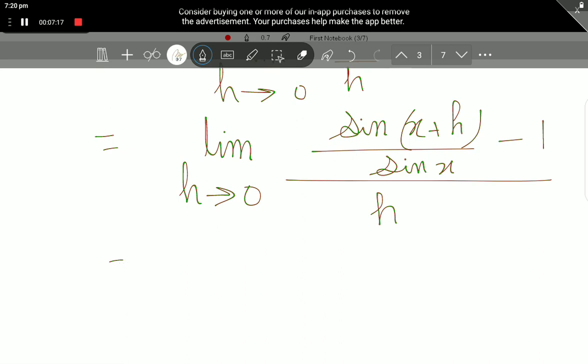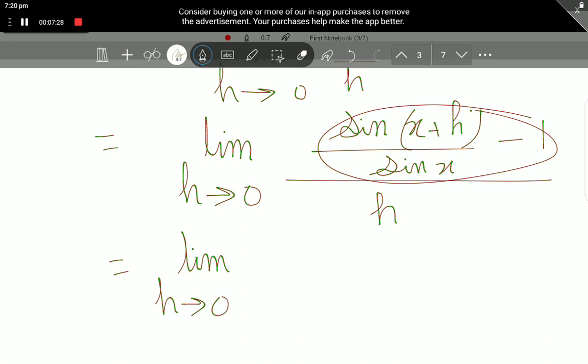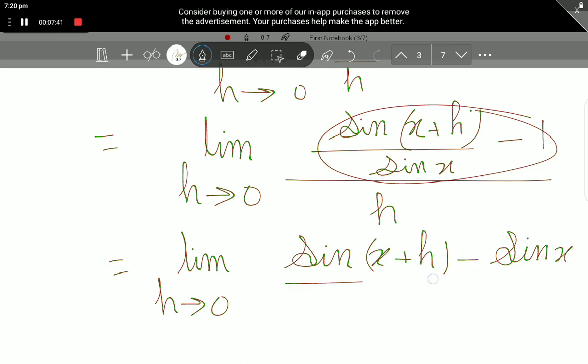Now let's take the LCM, or rather simplify the whole expression, and we have limit h tends to 0, sin of x plus h minus sin x, whole thing divided by sin x into h.